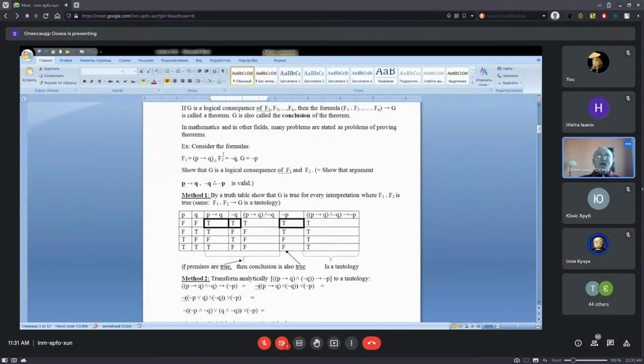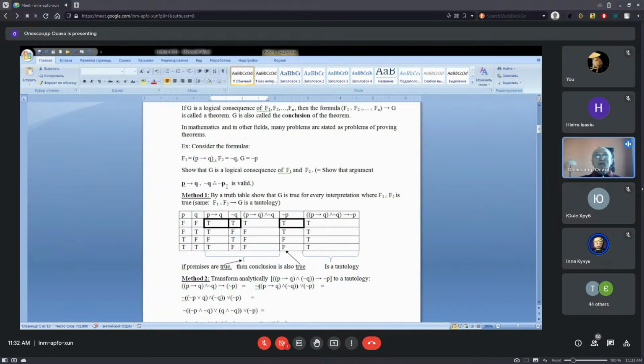Example: consider the formulas f sub 1, P implies Q; f sub 2, not Q; and G, not P. It is necessary to show that G is a logical consequence of f1 and f2.